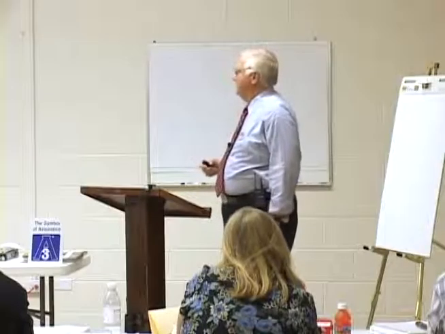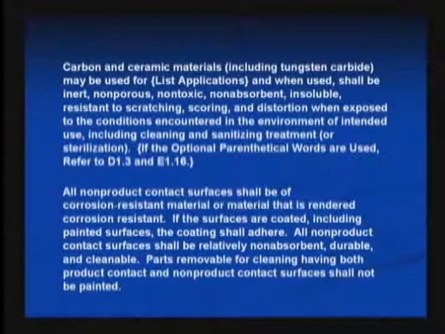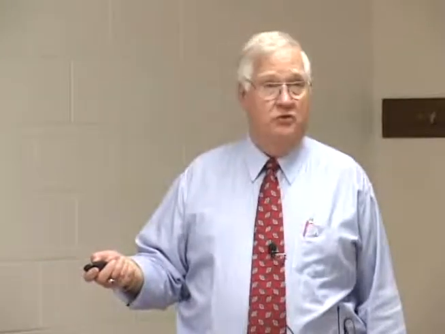As far as the non-product contact surfaces go, this bottom section is really quite general. There's a lot of latitude that fabricators have on the use of non-products. We basically want them corrosion resistant, or they are a material that is rendered corrosion resistant.